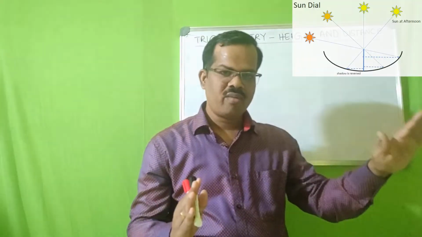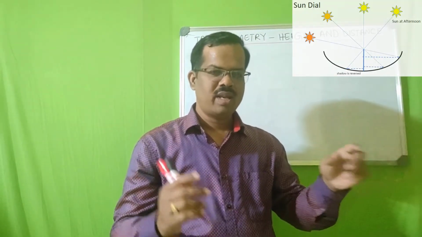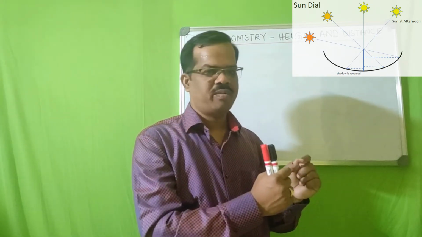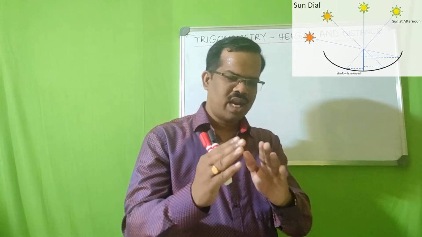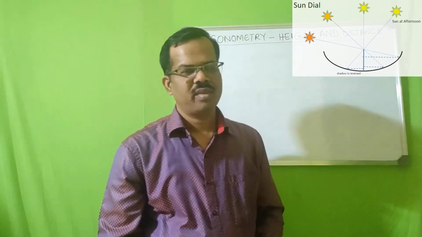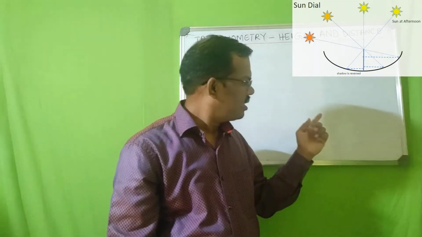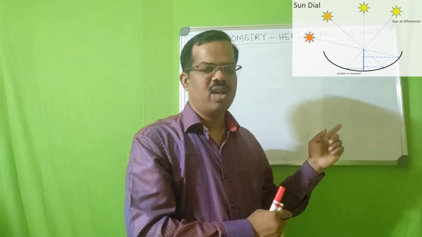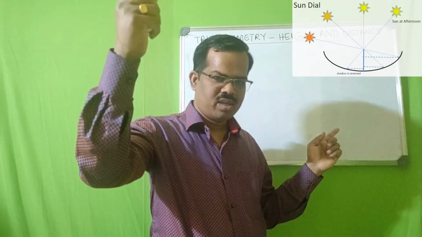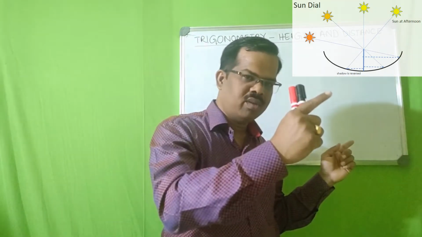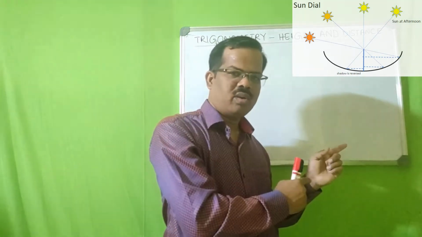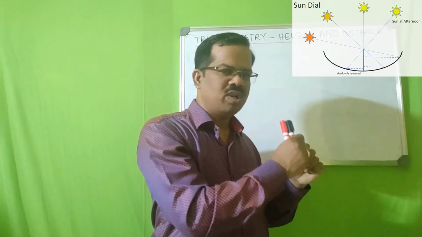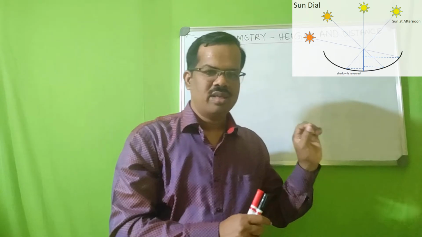Then the sun travels to the west, and the shadow slowly falls on the eastern side, which is nothing but the opposite side of the sun. So then you will see that the shadow is slowly increasing. If you exactly draw a line from the sun through the tip of the pillar and extend that line to where the semicircle base is touched, you will see that is exactly the length where the shadow will end.